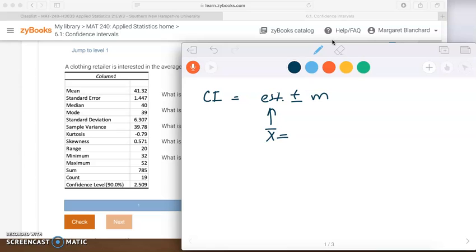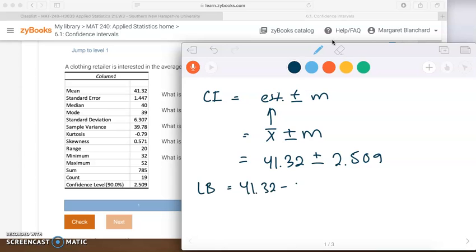So this equals X bar plus or minus M. We have X bar, that is 41.32, and then we need to add and subtract 2.509. So our lower bound of the interval is going to be 41.32 minus 2.509, and our upper bound is going to be 41.32 plus 2.509. I'm going to go ahead and type those into the calculator.